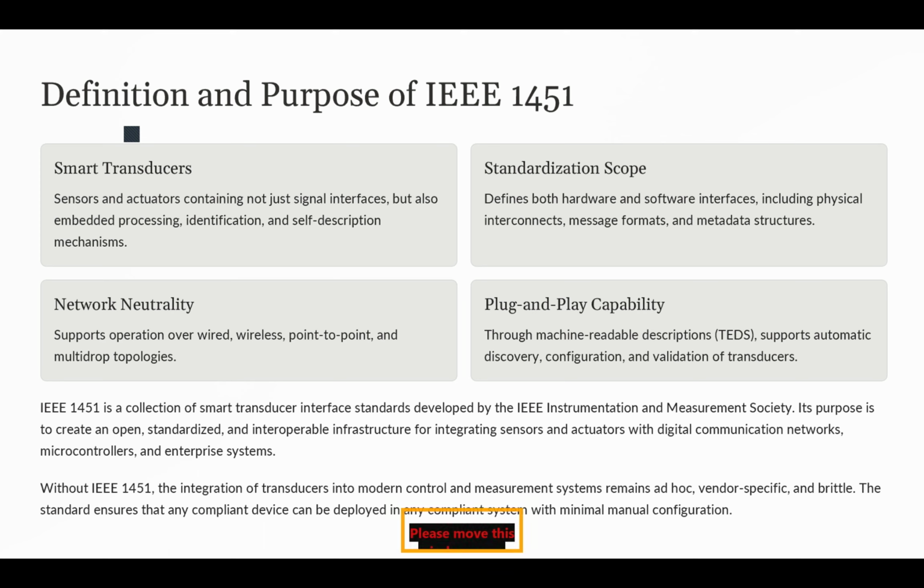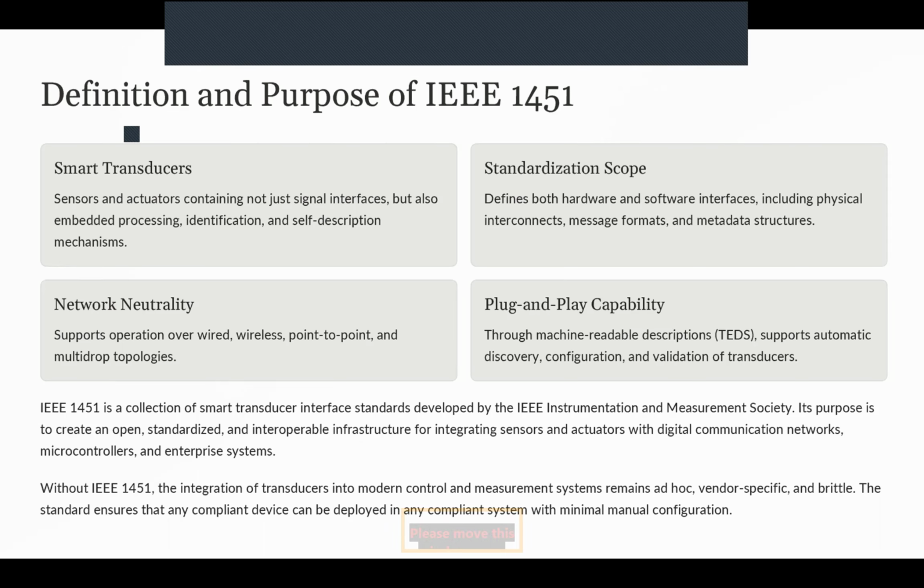Now, these standards, as we said, cover both hardware and software interfaces. So it defines how devices are physically connected and how they exchange data and metadata with each other. This standard is network neutral. What does that mean?